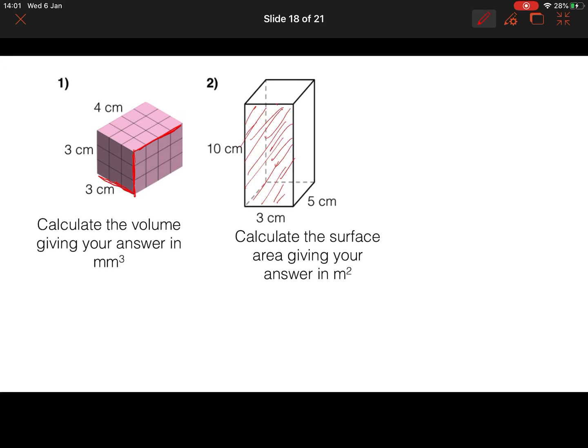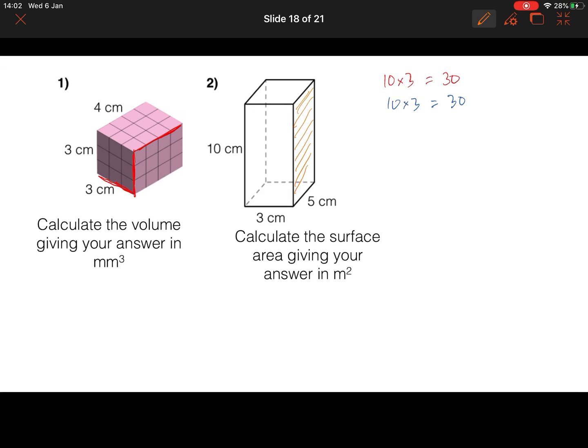It's a rectangle. Okay, the face of it is a rectangle, and it's a 10 by 3 rectangle, which is 30 centimetres squared. Okay, and actually at the back, I'll do that in blue, there's another rectangle which is exactly the same. It's 10 by 3, so that's also equal to 30.